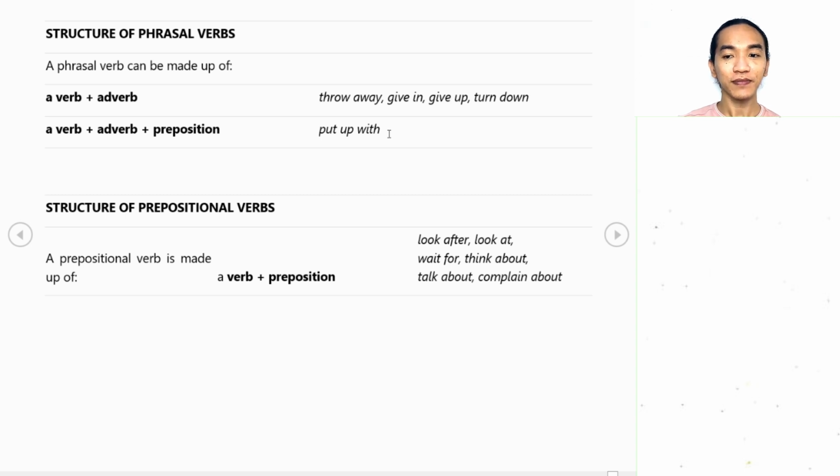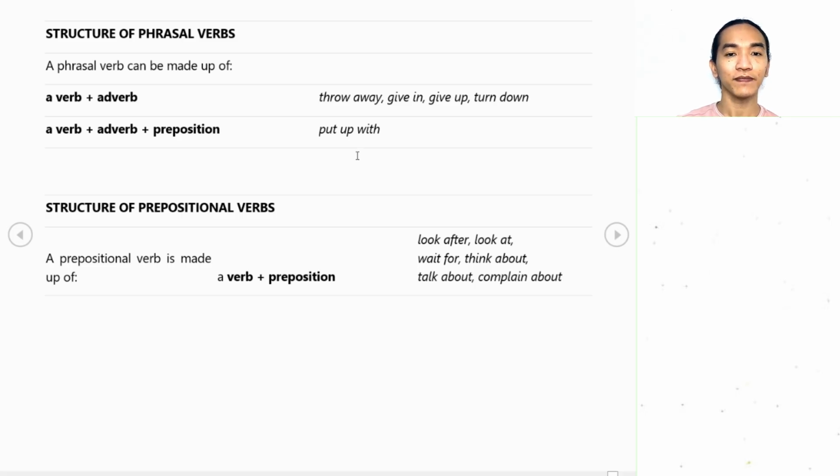On the other hand, a prepositional verb is made up of a verb and a preposition only. For example, look after, look at, wait for, think about, talk about, and complain about. These are just some examples of prepositional verbs.